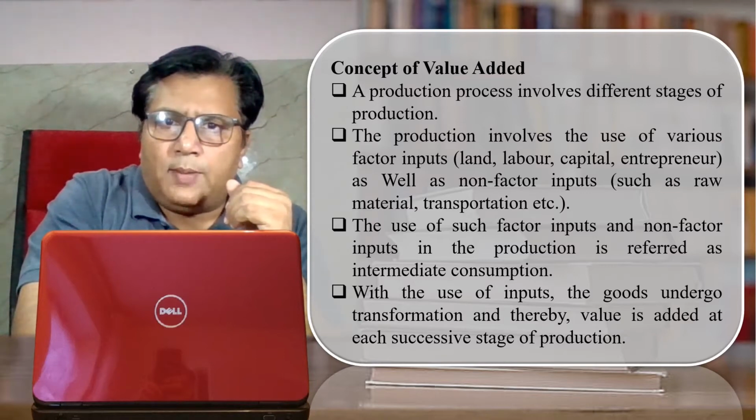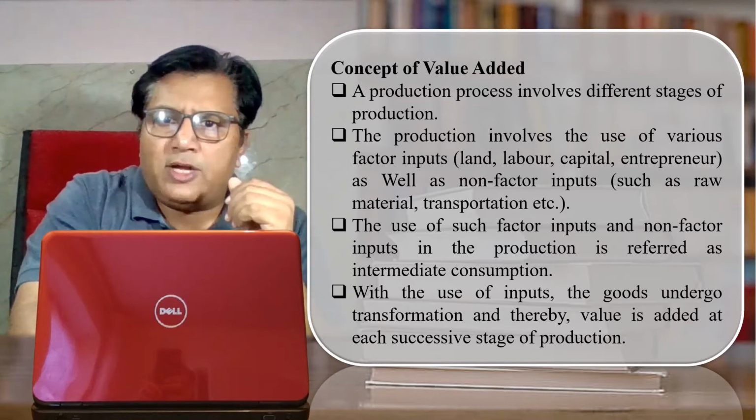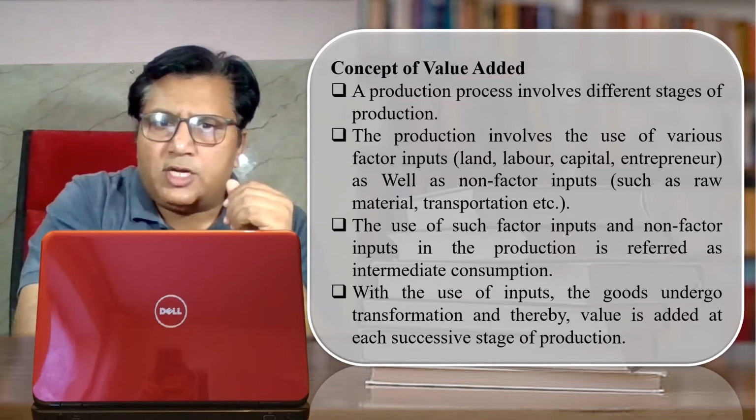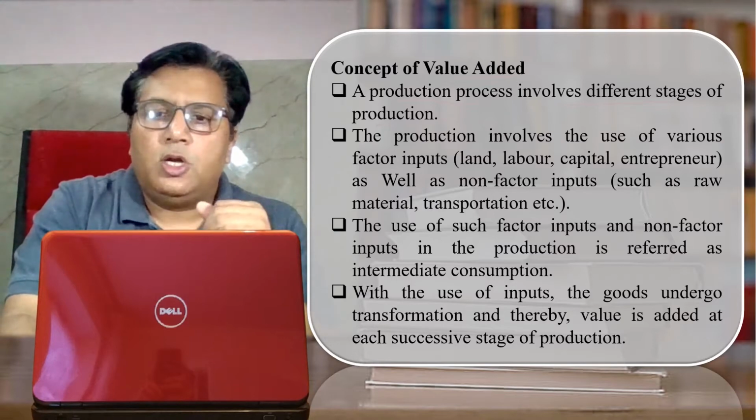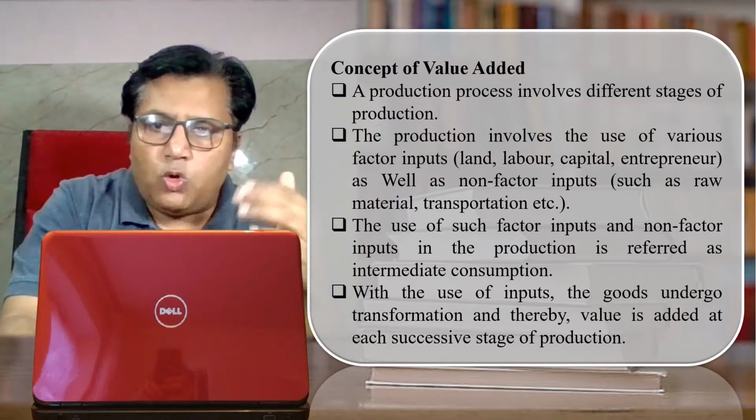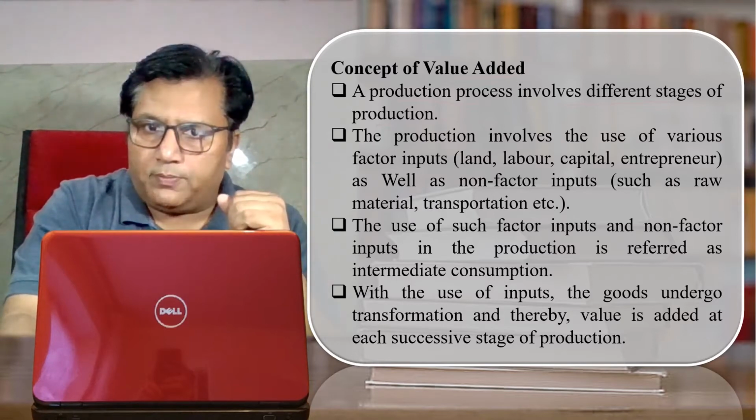Always remember the production process. We know that the production process involves different stages of production. The production cannot be completed in a single stage. To manufacture the product, it has to go through different stages of production.